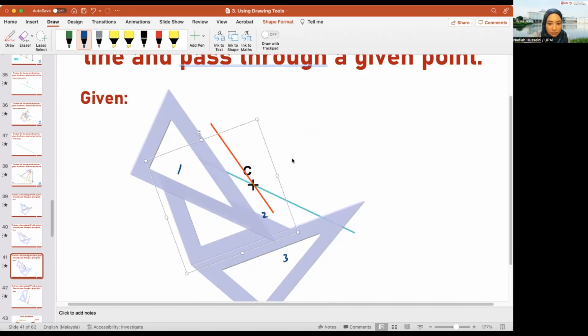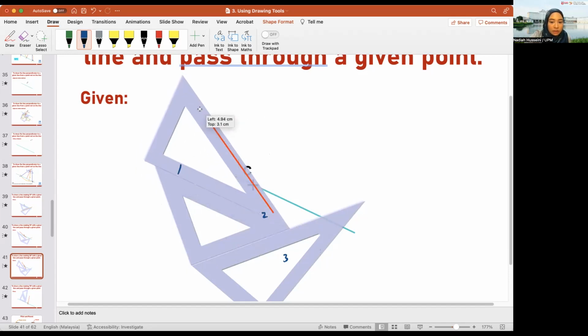Okay, lepas tu yang ni 45. Oh, okay. Lepas tu kan parallel dah. Lepas tu? Masukkan triangle 1 tu kat ujung triangle 2. Macam tu. Okay. So dapat dah.